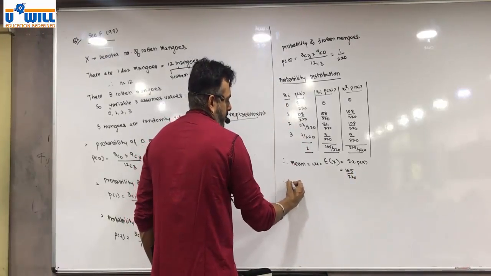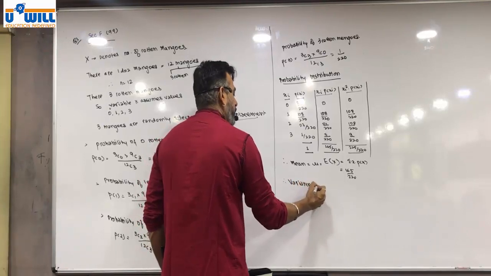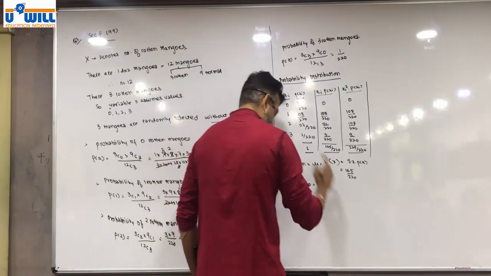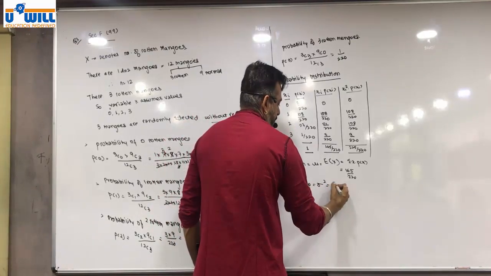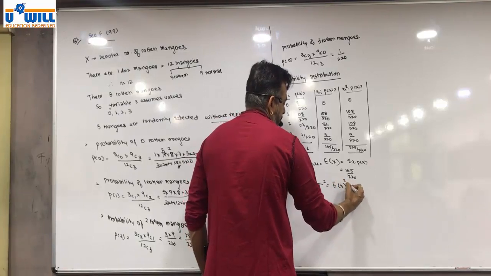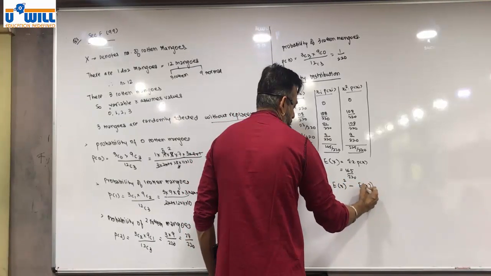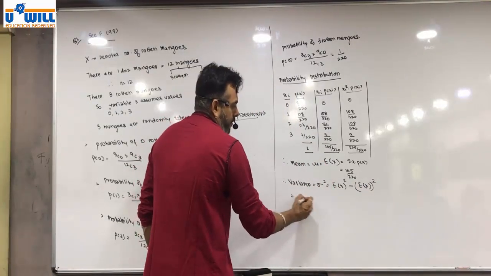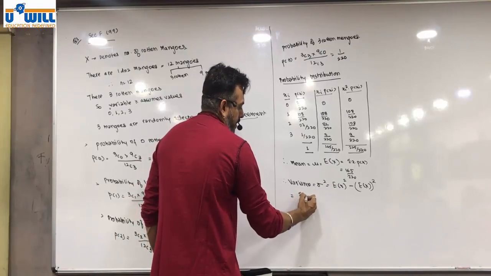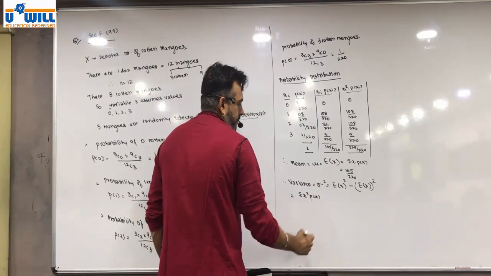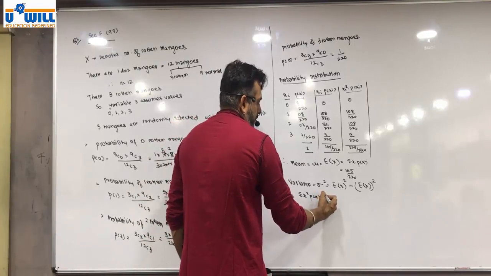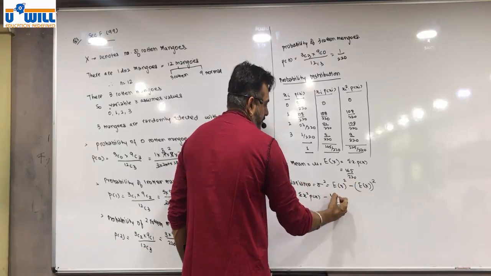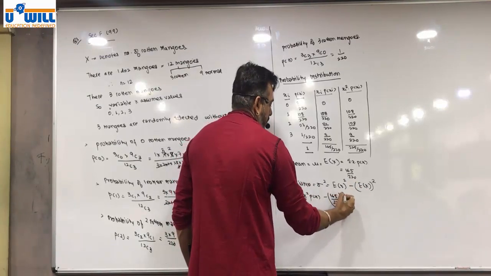Whereas variance sigma square is equal to the expected value of x square minus the expected value of x the whole square, which is sigma x square p of x minus sigma x p of x, we have already found 165 by 220, the whole square.